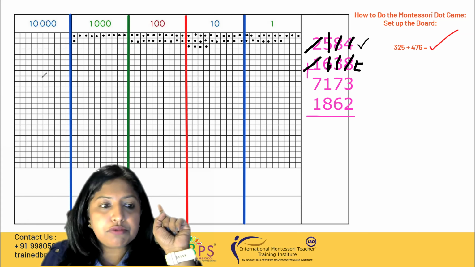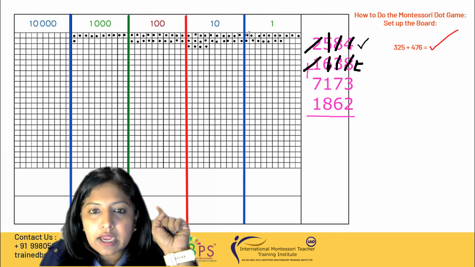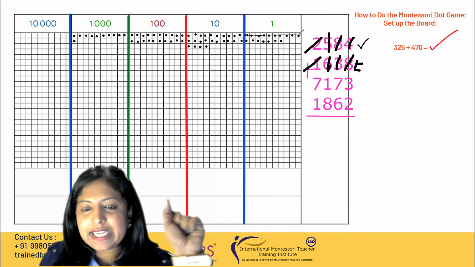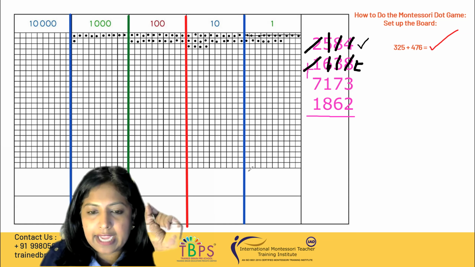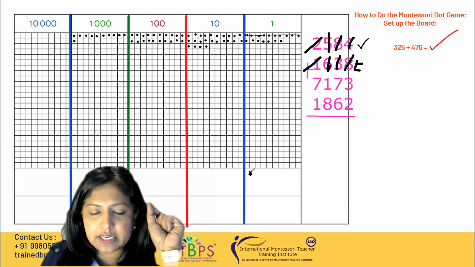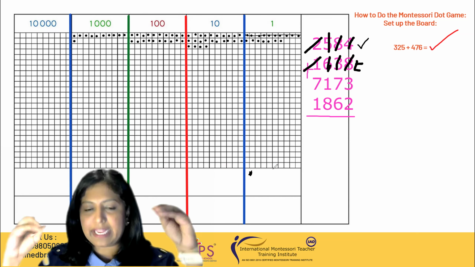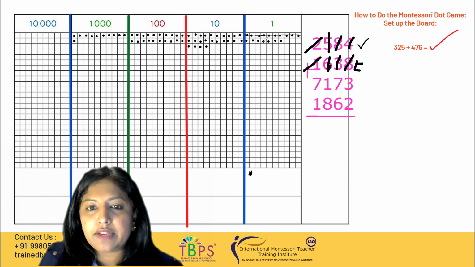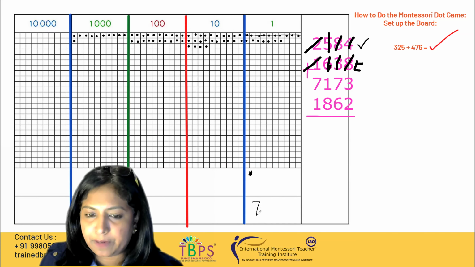I need to scratch this line of 10. Since I scratched this, I can draw a small bead here, which will represent that this is one complete line. So how many are remaining? 1, 2, 3, 4, 5, 6, 7 are remaining. So I'll write my answer as 7 here.